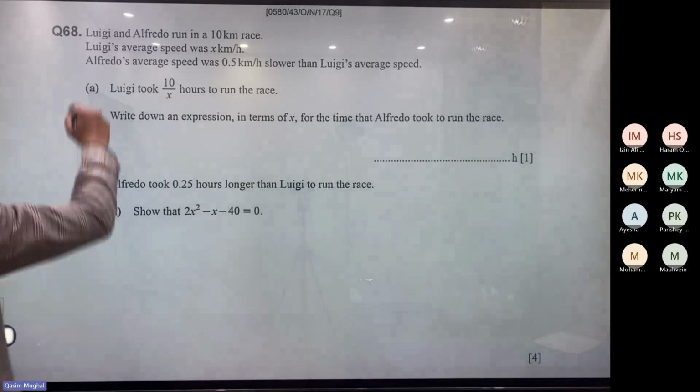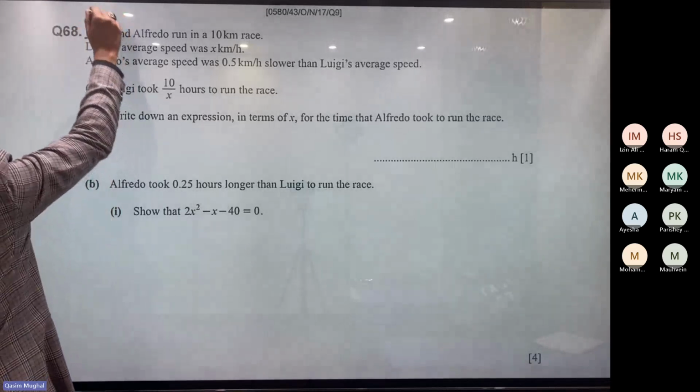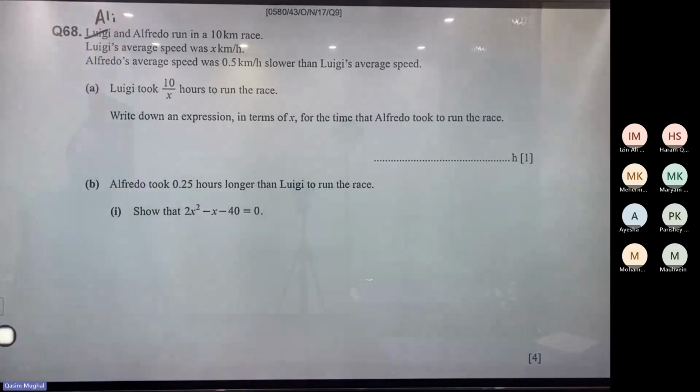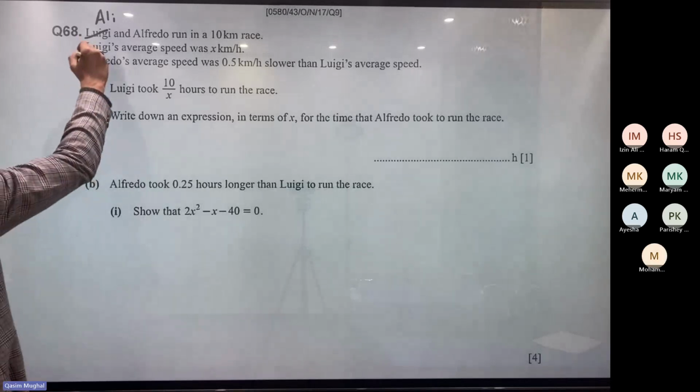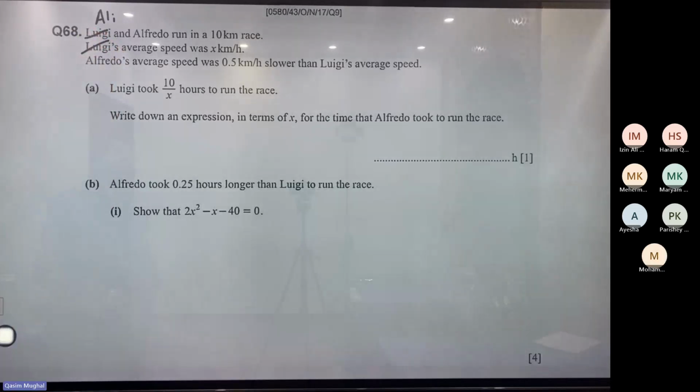Luigi or Luigi, whatever this is, change the name if you can't read it. Ali and Alfredo run in a 10 kilometers race. I'm reading the question just in case something is not readable. Ali's average speed was X kilometers per hour.